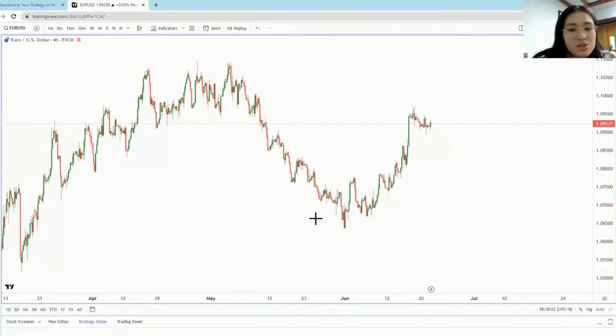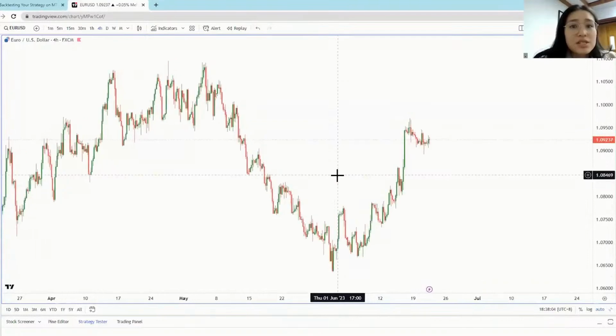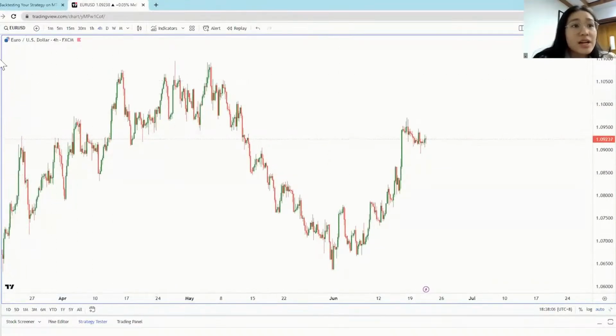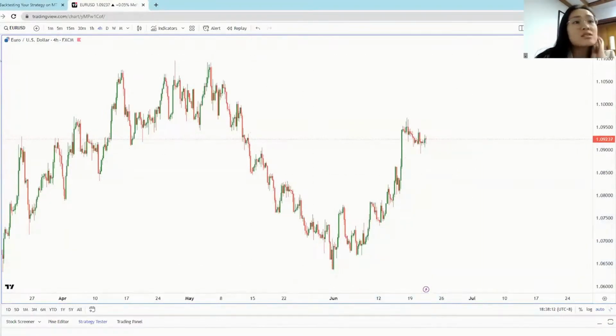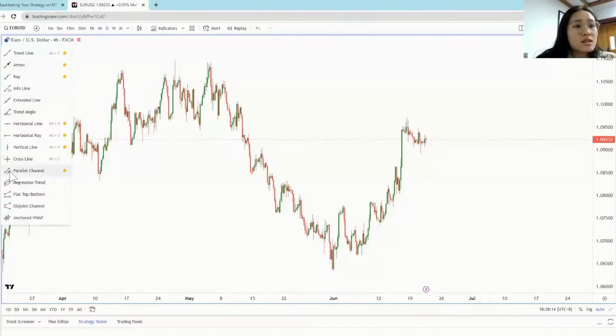Okay. So first things first, we want to see if we can identify any trend lines or trend channels. Okay, it doesn't look like there are any trend lines here.